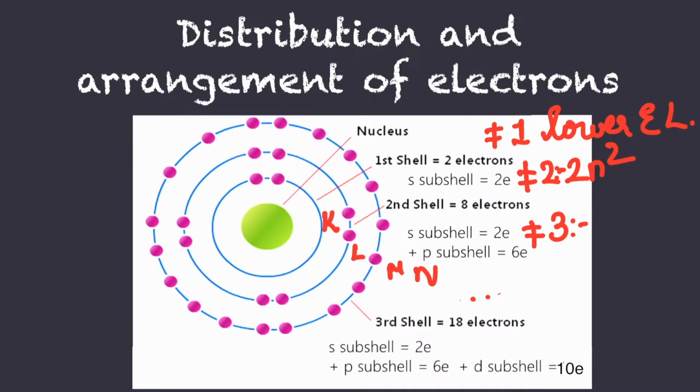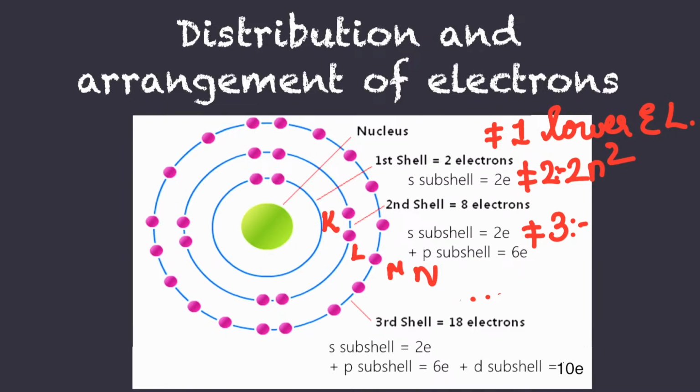Follow the formula 2n squared to know how many electrons fit into each of the energy shells. Third, the outermost energy shell should have 8 electrons to complete its octet, meaning to be stable.